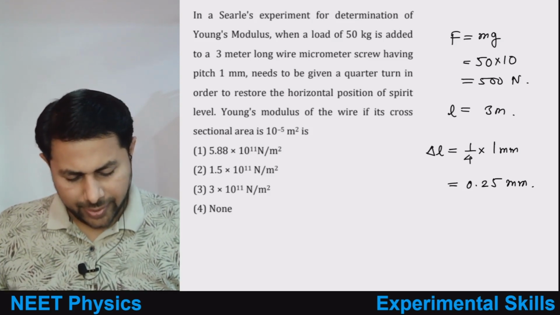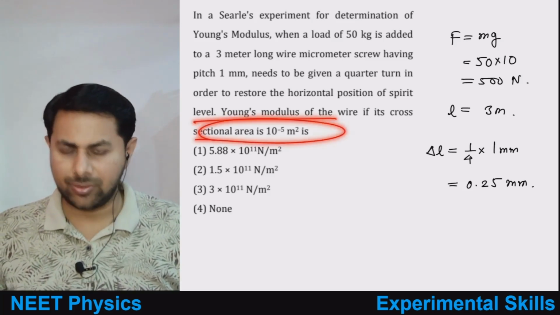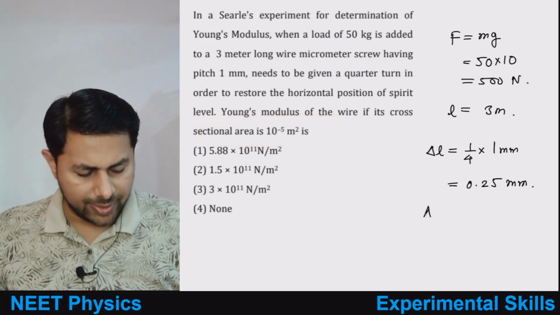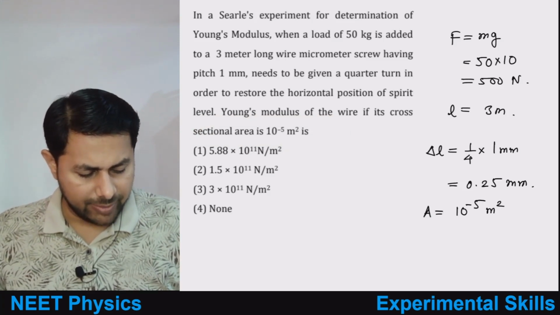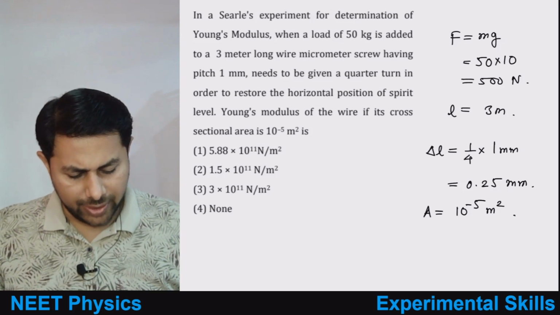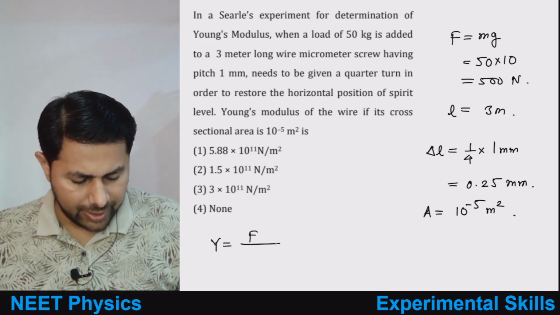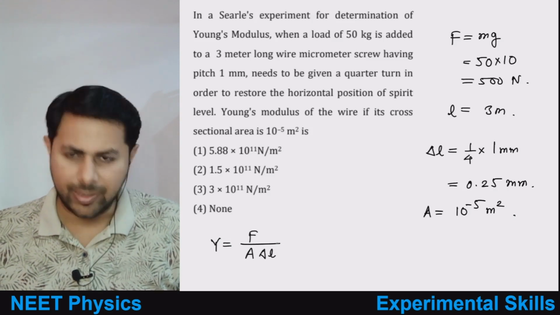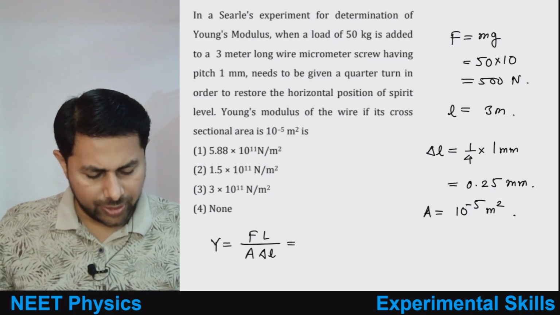Right, good. Then the Young's modulus of the wire if its cross-sectional area is 10 raised to minus 5 meter square. So this is simple. The cross-sectional area is given, 10 raised to minus 5. Okay, that's in meter square. So then Young's modulus is just force by area divided by delta L by capital L. That will go to the numerator. This is the formula. So put in the values.